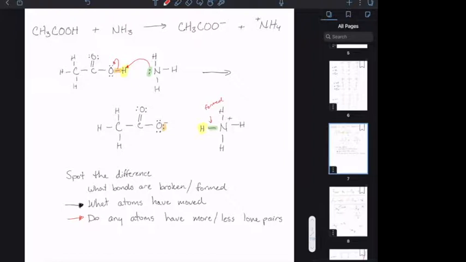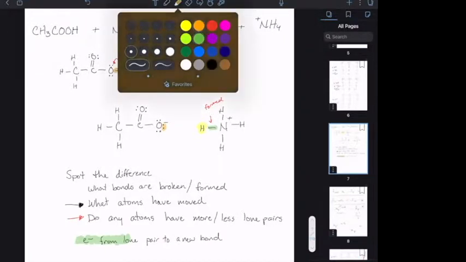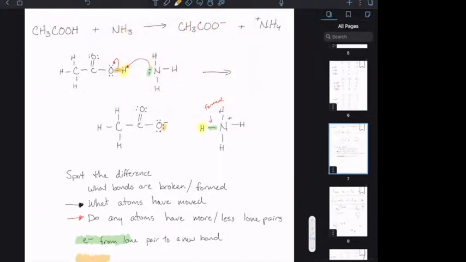Okay, so in green here, we have electrons going from a lone pair to a new bond. And in orange, we have the exact opposite. We have what were formerly bonding electrons going to a lone pair.